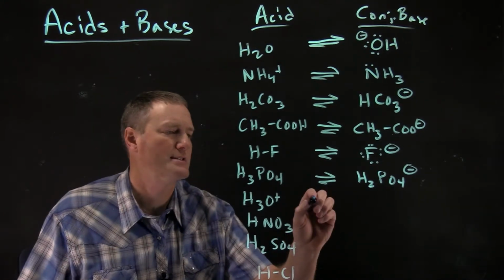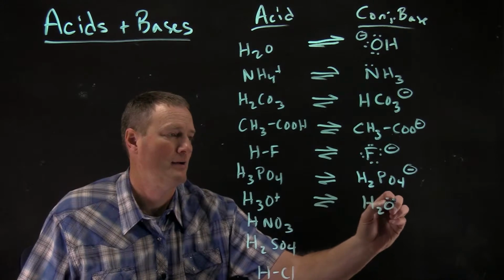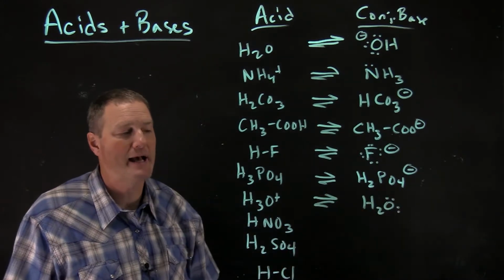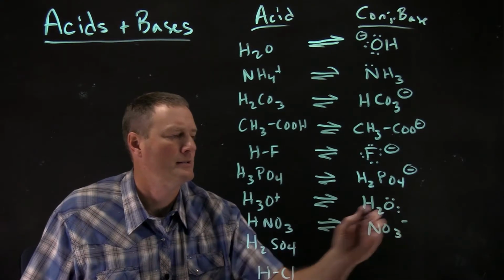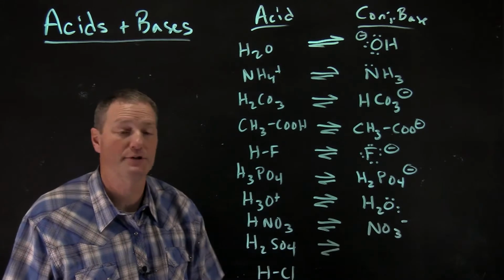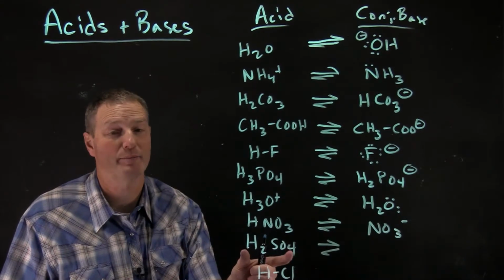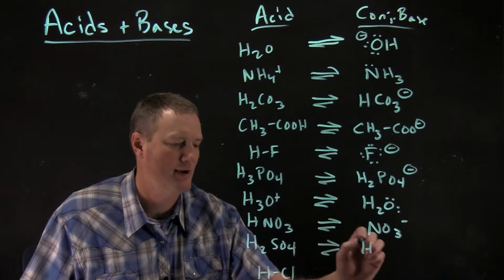Hydronium, H3O+, has a conjugate base that is just water. Nitric acid, HNO3, gives the nitrate anion. Next, sulfuric acid is also one of these polyprotic acids. I'll just show the conjugate base if one of those protons comes off.